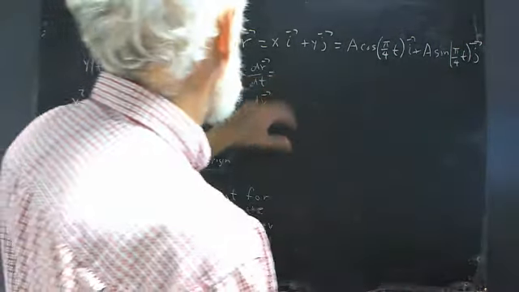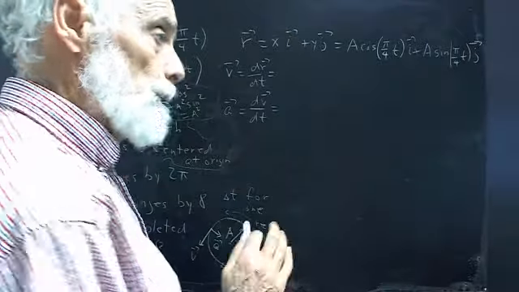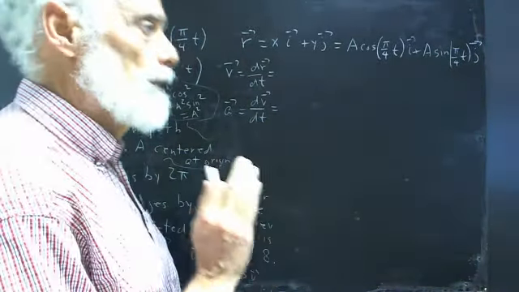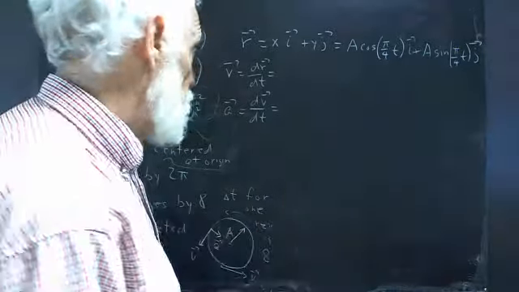Okay, so velocity is dr dt. It's easy to take that derivative. If you don't know why the derivative is what I'm going to write down, because I'm not going to explain it to you, you need to go back and review the chain rule and the derivatives of the sine and cosine function.